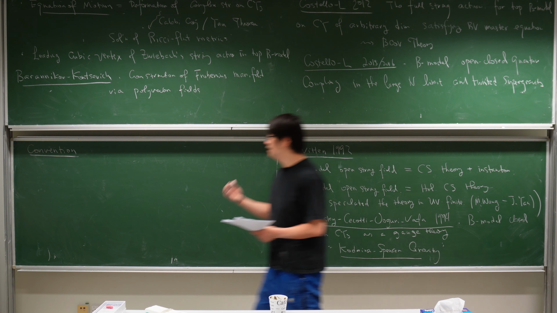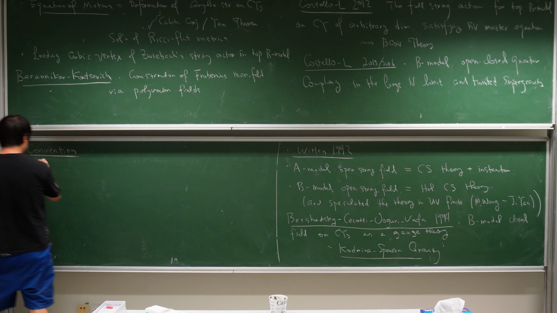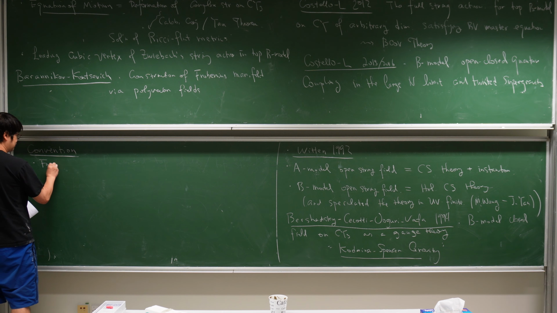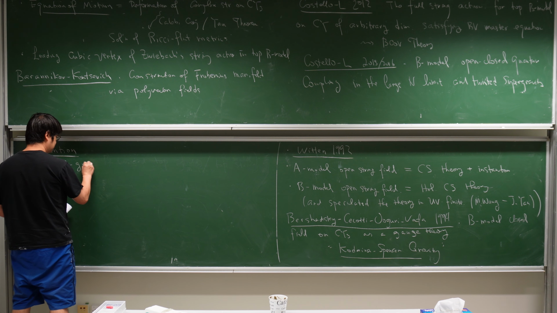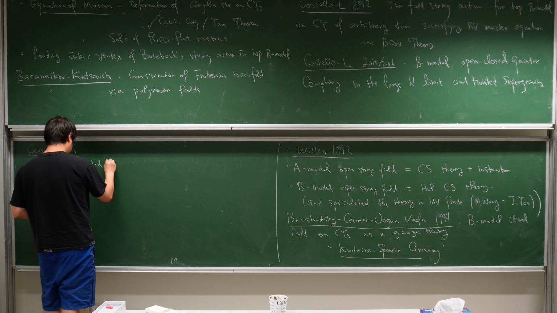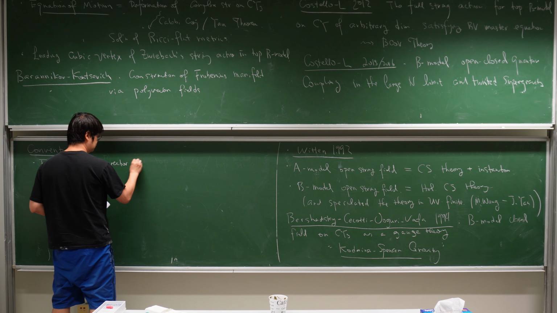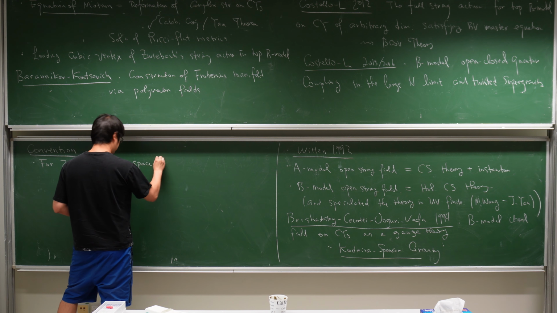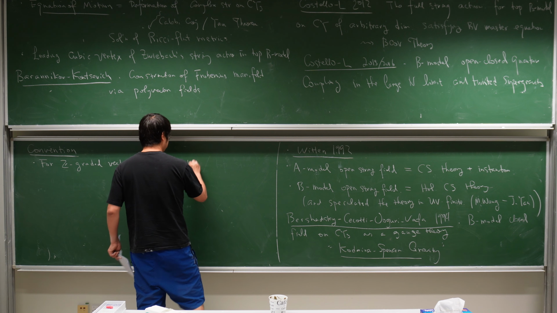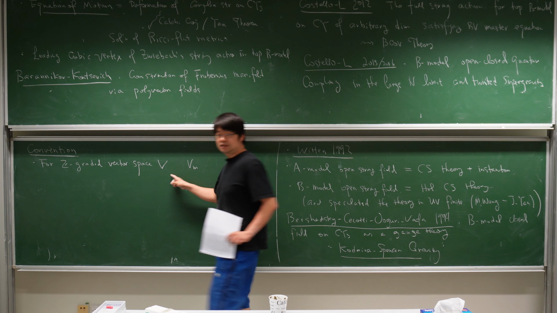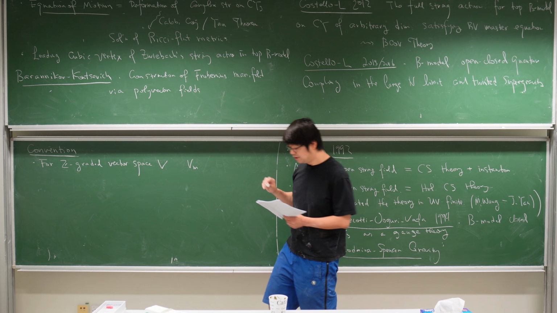So I'm going to work with graded vector spaces, the category of graded vector spaces. Let's say for a Z-graded vector space V, I'm going to write this notation V^m to denote the degree m piece of this graded vector space.